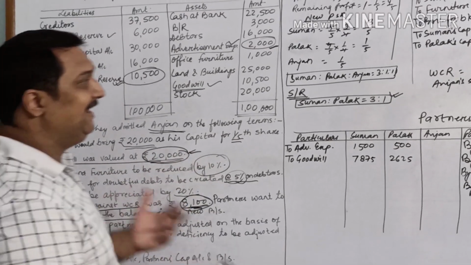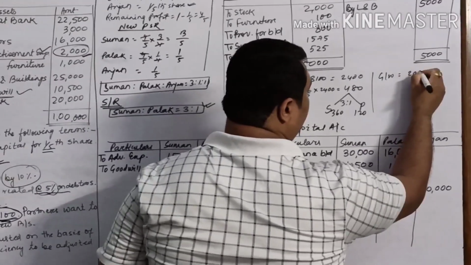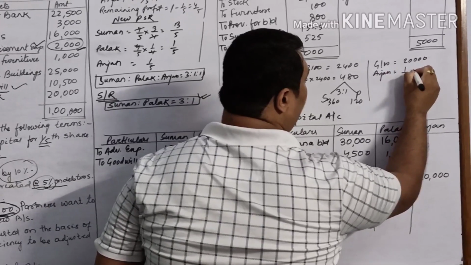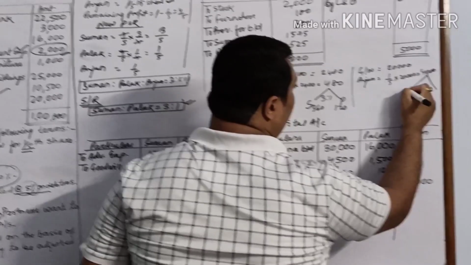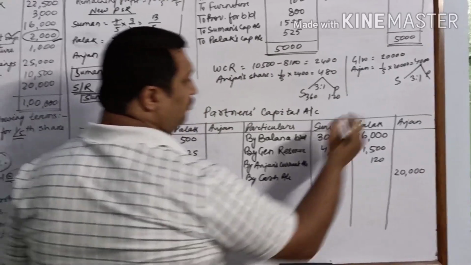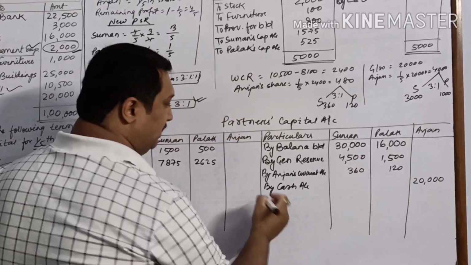So here also we will take out Anjan's share. Anjan's share will be 1/5 of 20,000, rupees 4,000, which will be distributed between Suman and Palak in the sacrificing ratio, which is 3:1. So Suman will get 3,000 and Palak will get 1,000.